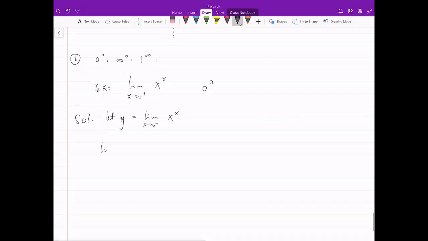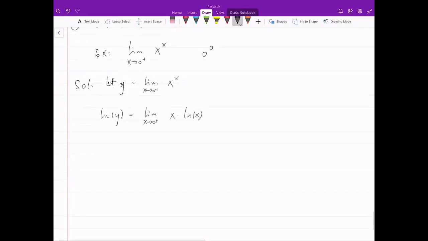Then ln y, which is the limit, now our hope is this one is doable. Is this one doable? What is it? It's 0 times infinity. How to handle 0 times infinity? You flip one of them. This is the case we just did.